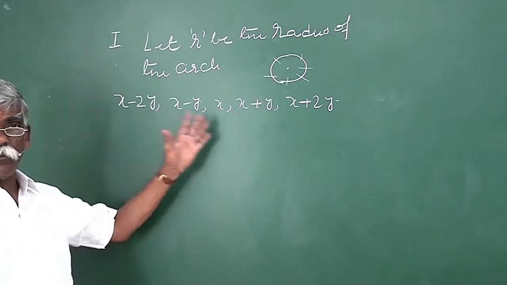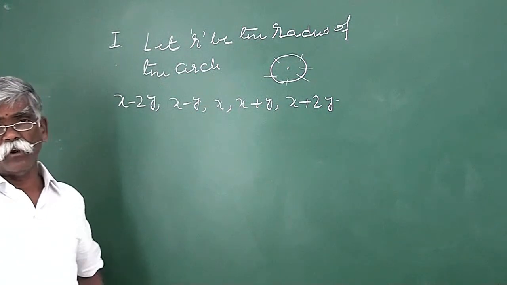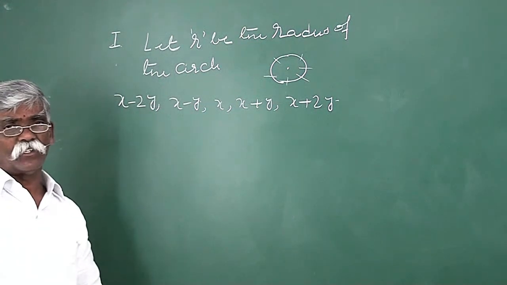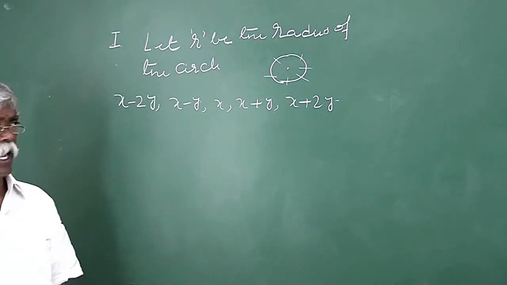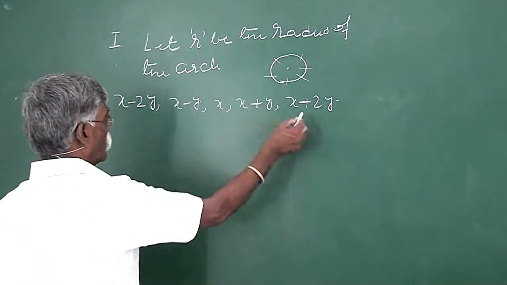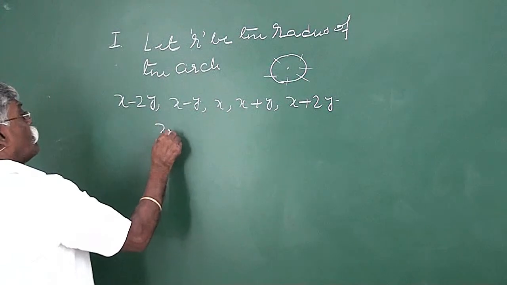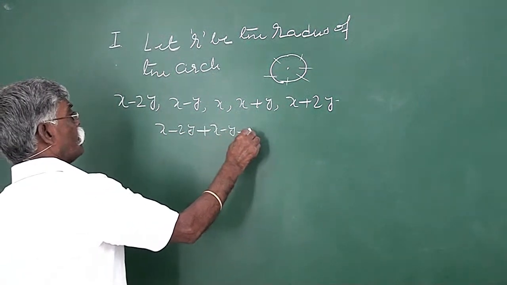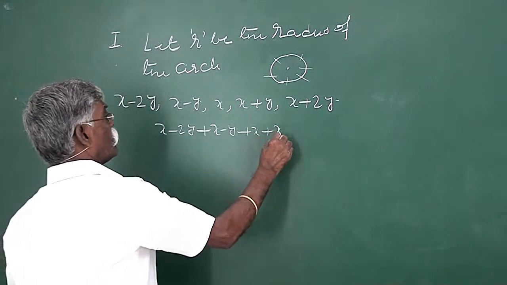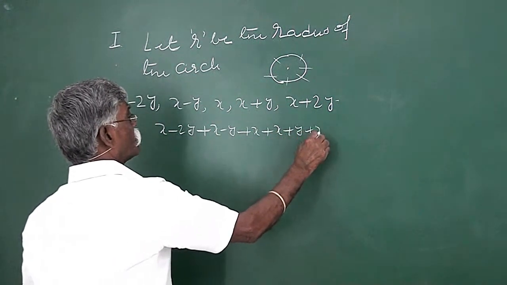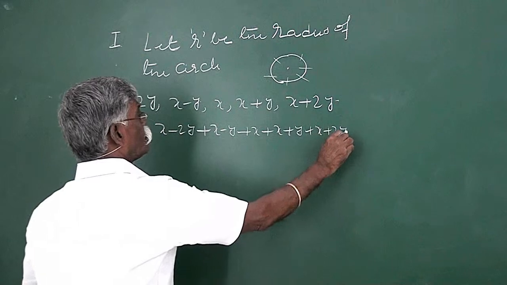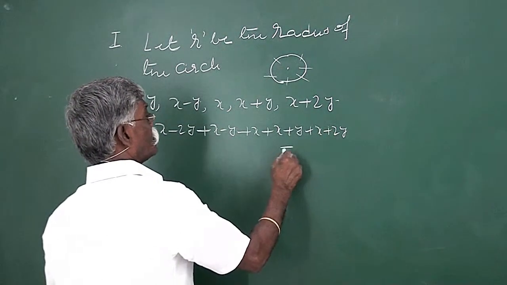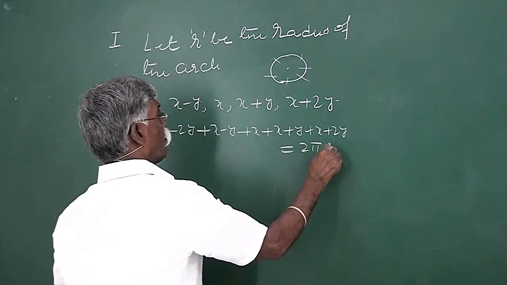So if all the 5 parts are added, we will get the total circumference which is equal to 2 pi r. So if we add all these things, x minus 2y plus x minus y plus x plus y plus x plus 2y, this is equal to 2 pi r.